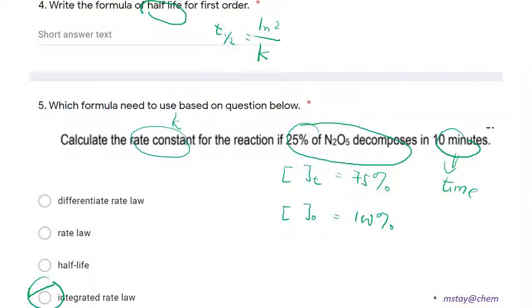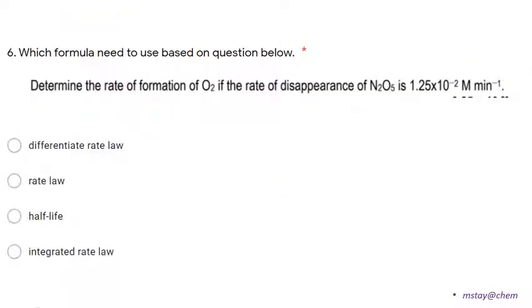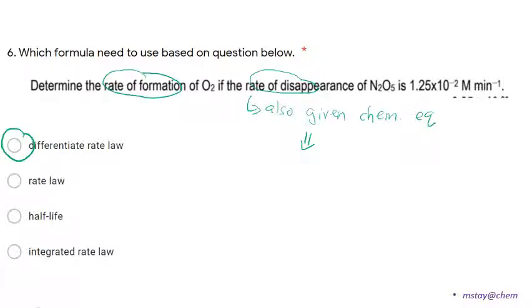Question number 6. When we read this question, it asks us to determine the rate of reaction, and then they give us the rate of disappearance. So basically, in this question, you supposedly will also be given the chemical equation. Then from the chemical equation, you are going to write the differential rate law, and then you can do the calculation.